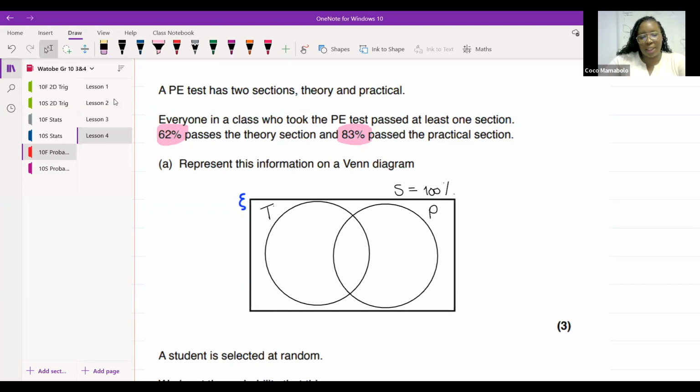Okay, Sinako, what's up? Yes, ma'am, I got lost. Can you please re-explain the previous one? The previous one. Okay. Instead of using the previous one, can I use this one to explain the concept to you again?